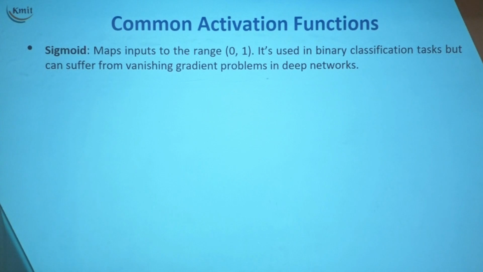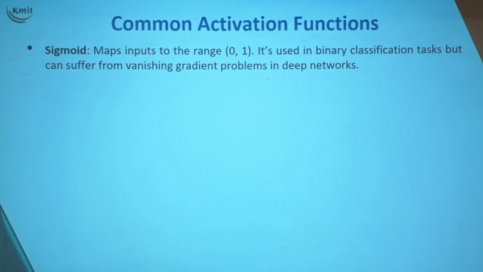Now, first point is what? We use sigmoid in the output layer. In the output layer also, for binary classification, we use sigmoid. Write this point: sigmoid is used in the output layer for binary classification task.